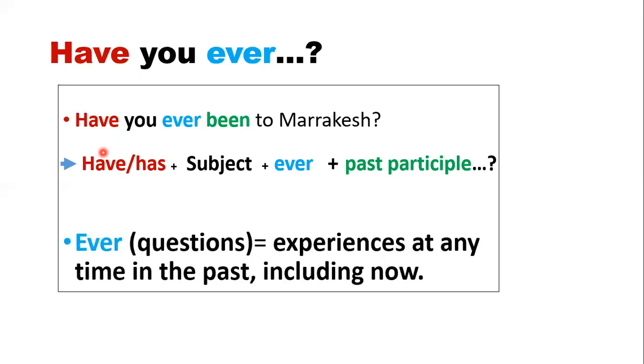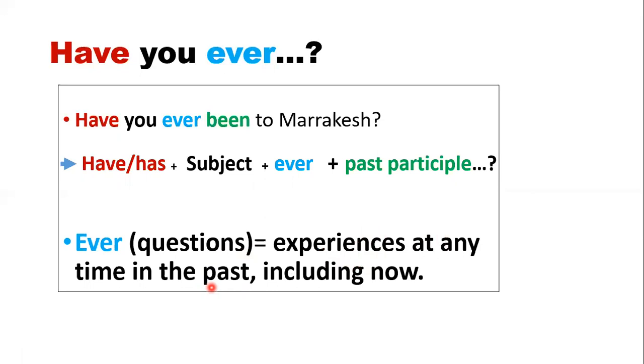Now when do we use ever? We use ever, of course, for questions. No, we don't use it for affirmative sentences, okay? Nor for negative sentences. We only use it for interrogative sentences, for questions. It is when we ask about experiences at any time in the past, including now. Have you ever been to Marrakech? It means in the past.